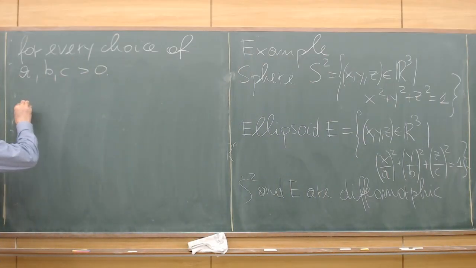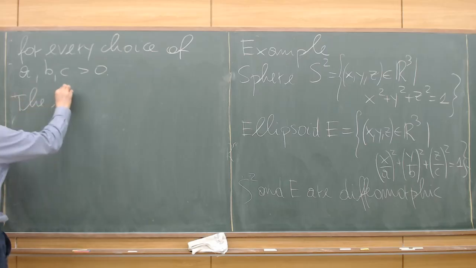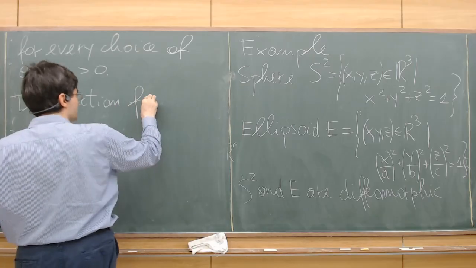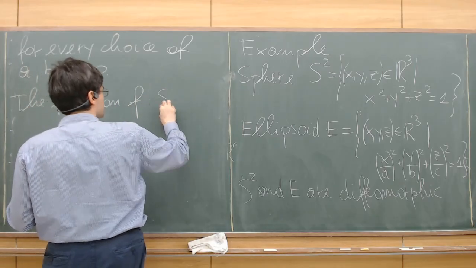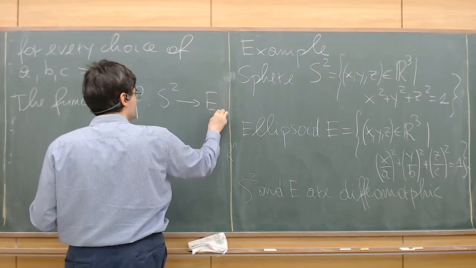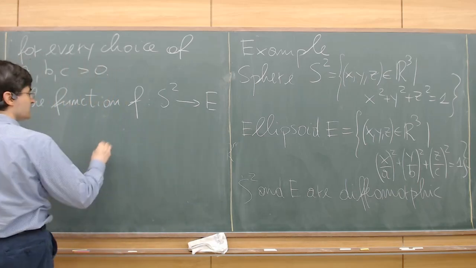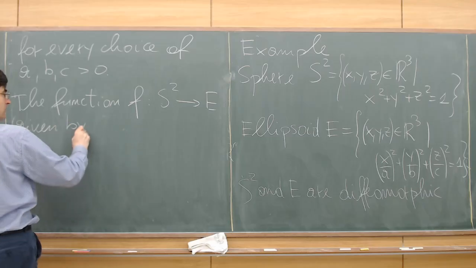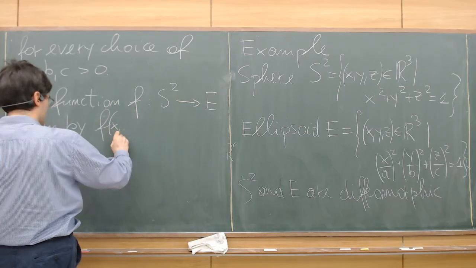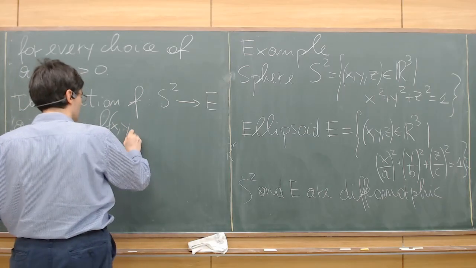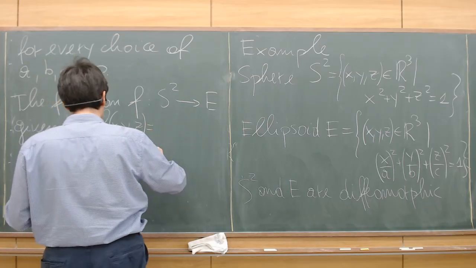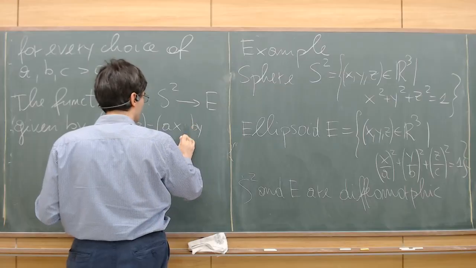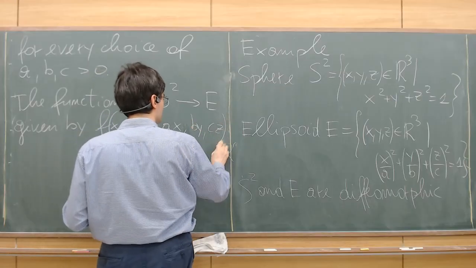So consider the function f from S2 with values in E, which is given by f of x, y, z equal to ax, by, cz.